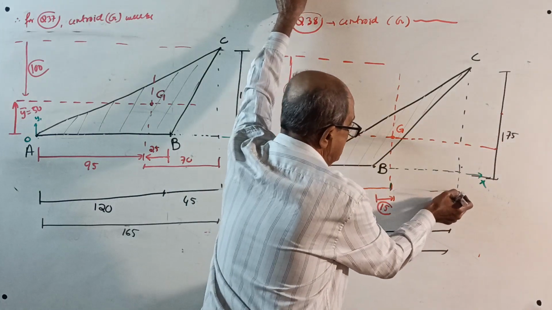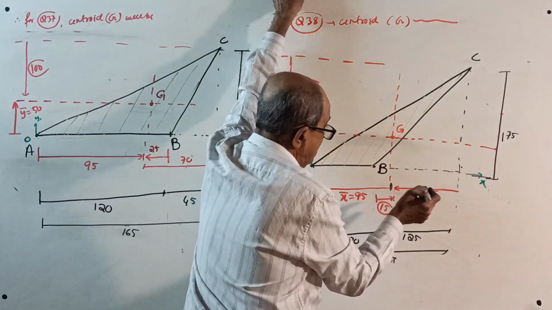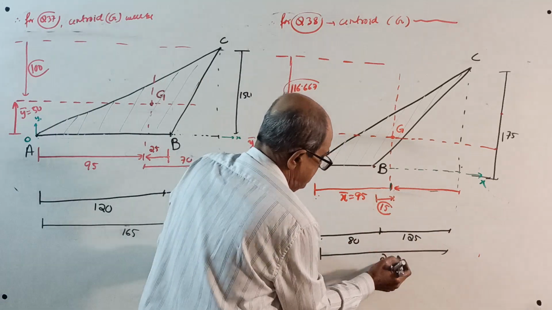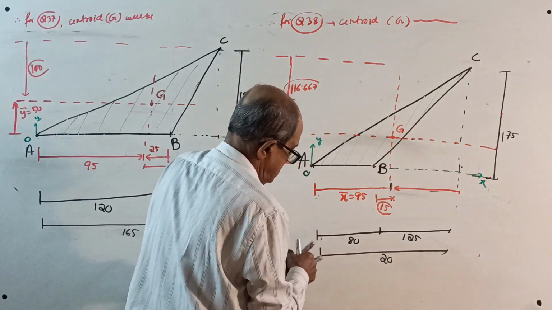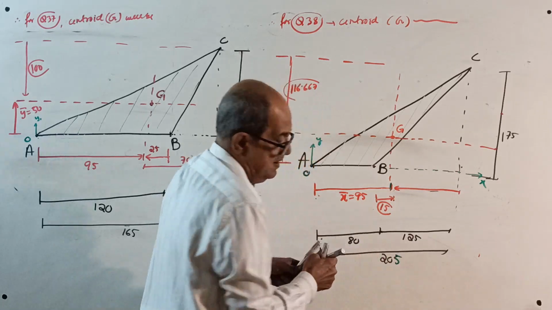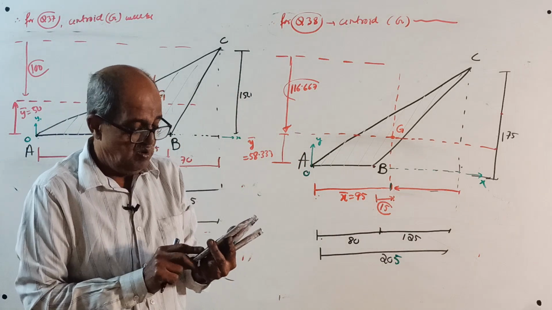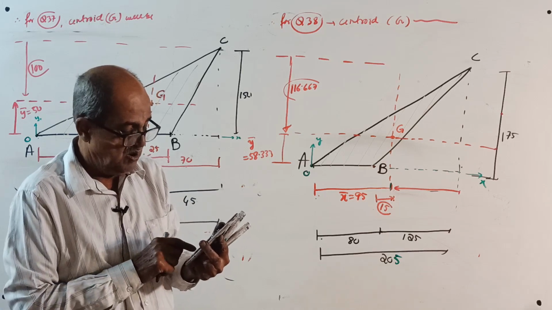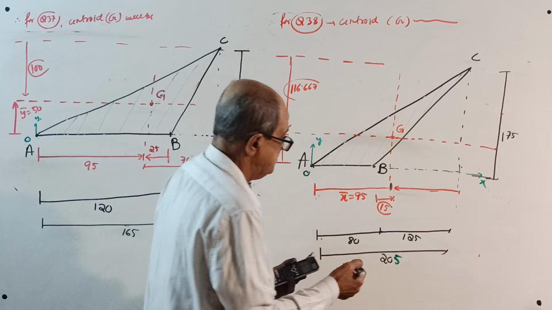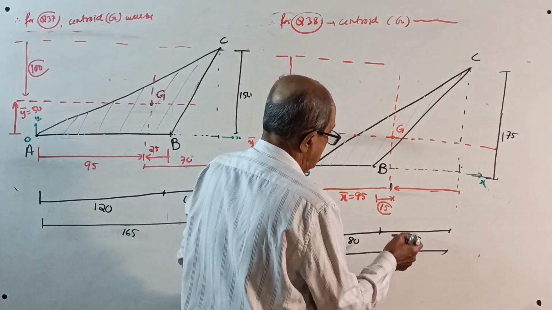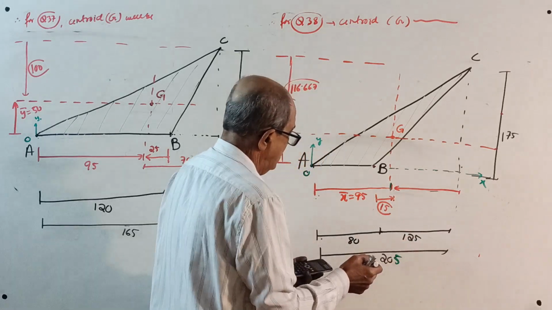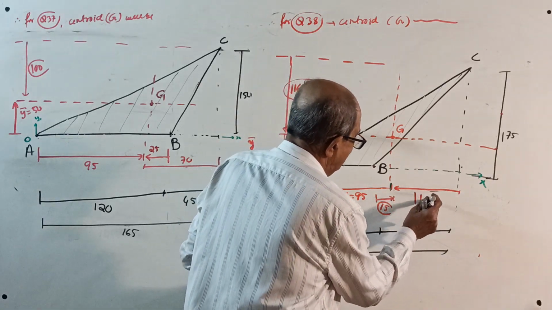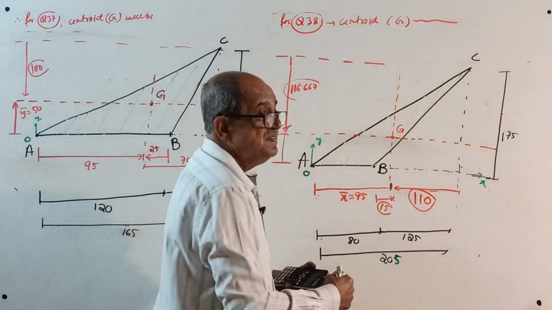From there if someone wants, it is 205 minus 95. 205 minus 95 is 110 from there. 110, yes, correct. I'm getting confusion, okay. 110 from there over. This is the answer we got.